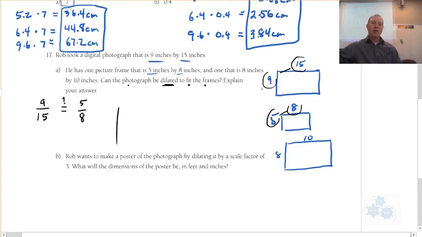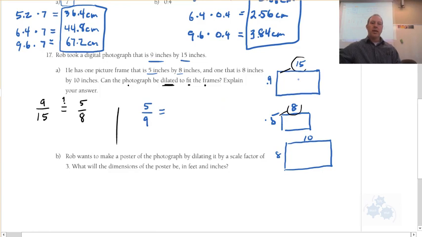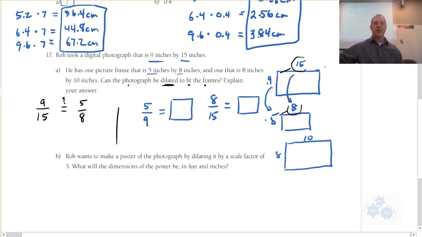Here's another way. You could check the scale factor between two corresponding sides. So 9 to 5. So if we did 5 divided by 9, that would give us the scale factor. And if we did 8 divided by 15, that should also give us the exact same scale factor. So we could compare to see if the scale factors between the corresponding measurements are the same.